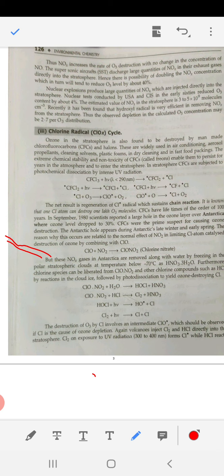Furthermore, chlorine species can be liberated from ClO-NO2 and other chlorine compounds such as HCl by reaction in the cloud ice, followed by photodissociation to yield ozone-destroying chlorine. ClO-NO2 reacts with water to form HOCl plus HNO3. ClO-NO2 reacts with HCl to form Cl2 and HNO3.